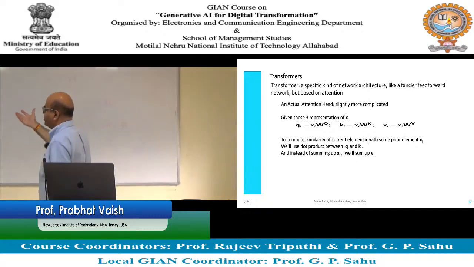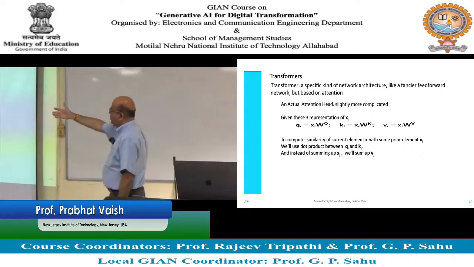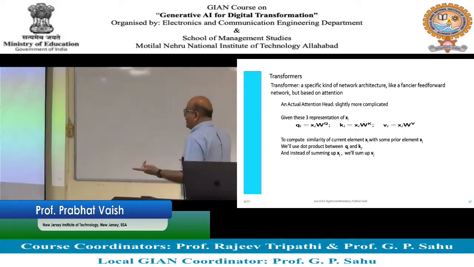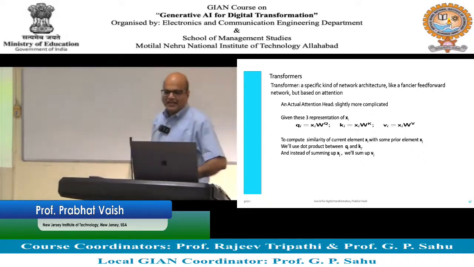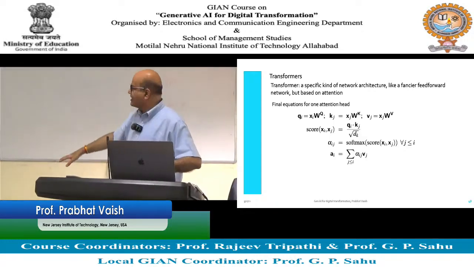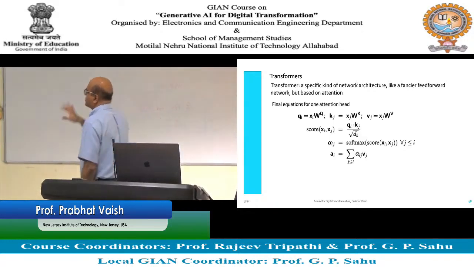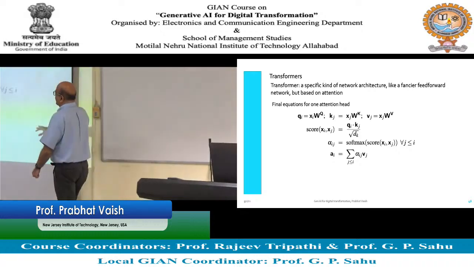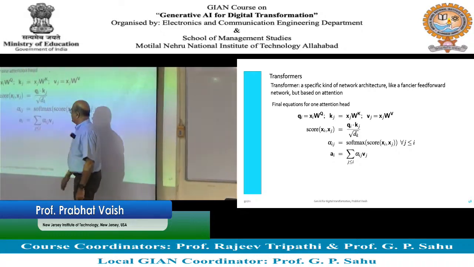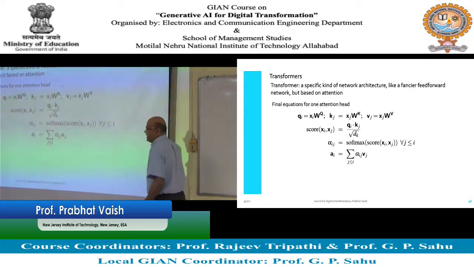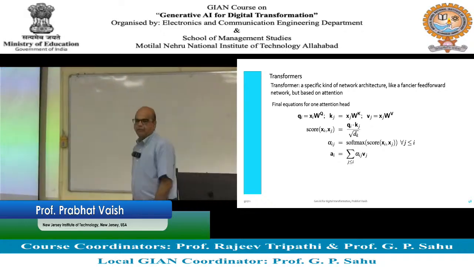Similarity that you're doing, you're using the dot products between query and the key. Summing up, we are multiplying by the weights that we were doing earlier also. So this is really what is going on. You calculate a score, you send it to a softmax, and you get the output, which is really a collection of probabilities.